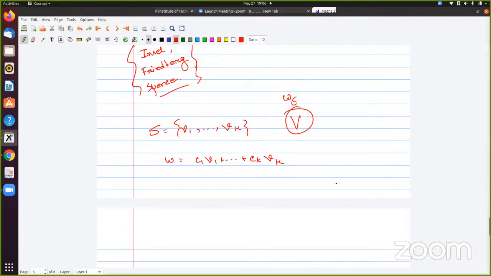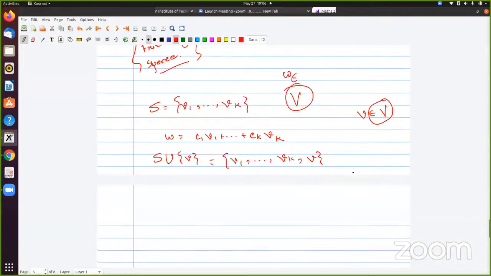Now what am I doing? I am adding another element, v. This v is coming from V itself, the capital V. So my new set is v1, ..., vk and v. Now I am taking any element of V again, may not be the same element, any element. So W, let's take that.